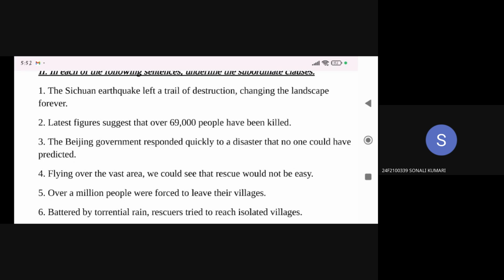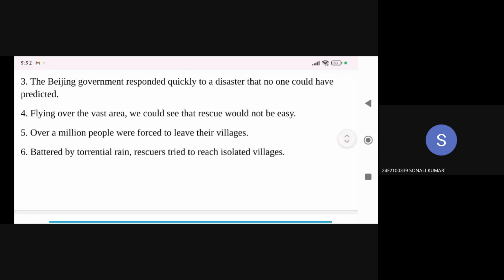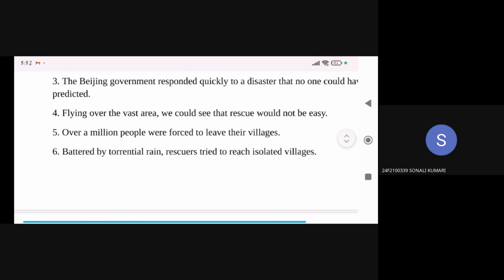Okay, so subordinate clause. Okay, fifth one, over 1 million people were forced to leave their villages. Over 1 million people, why would that be a clause? Forced to leave their villages.